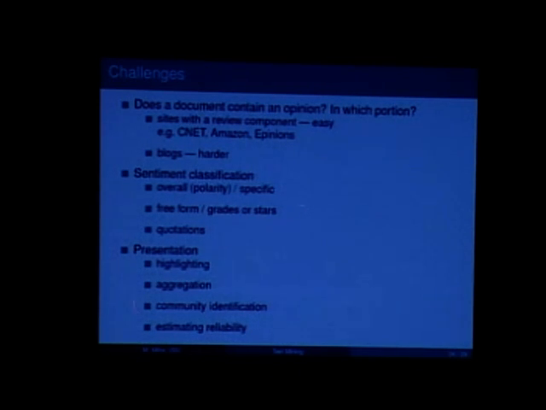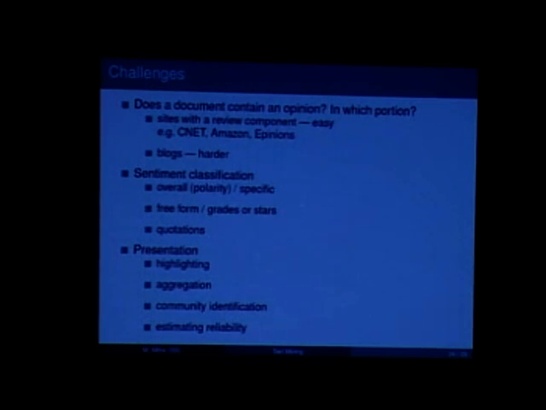The two remaining problems that I want to talk about are of a very different flavor from everything else so far. One is community identification, which I just talked about. The second, fairly difficult problem is estimating the reliability of an opinion.